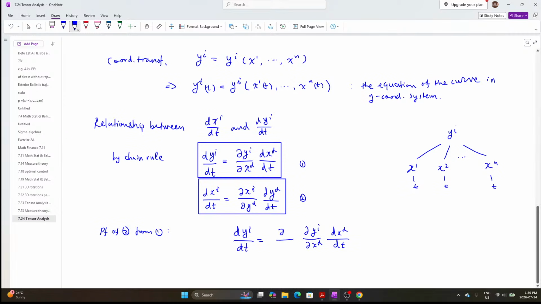So we should get a dx^α. No, not dx^α. Let's use dx^β, so dx^β over dy^j. Now the summation over i is implied.